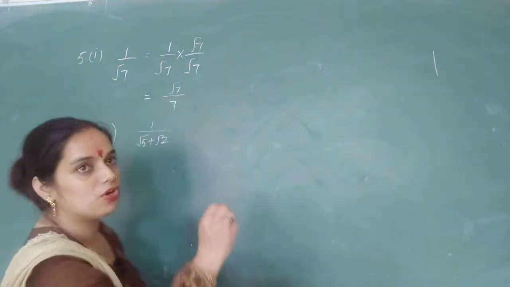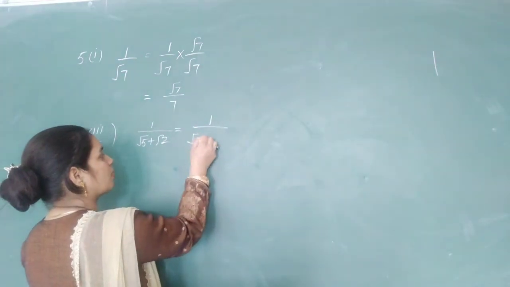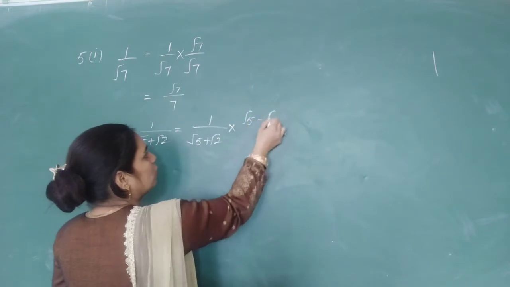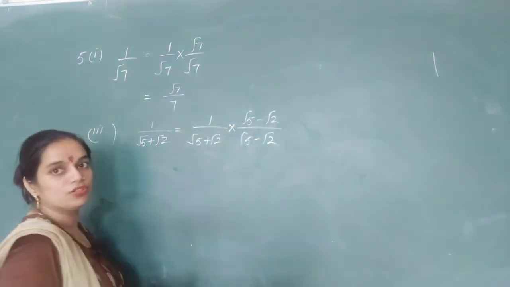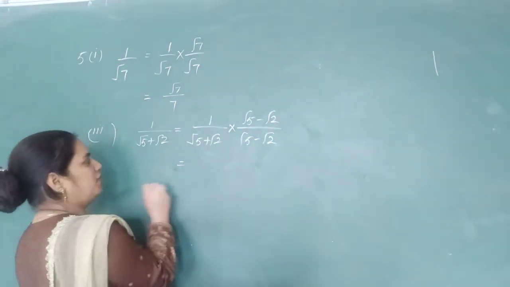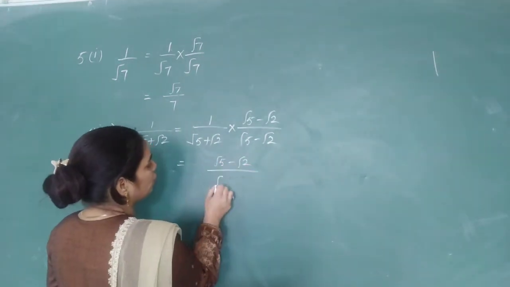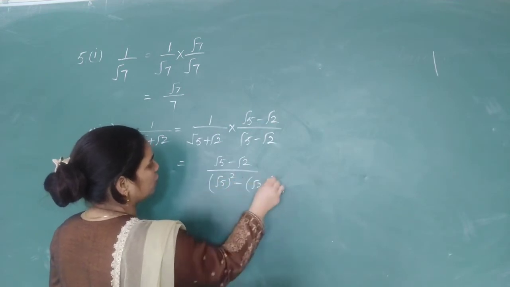Now I am going to rationalize the denominator. So I will multiply by root 5 minus root 2. It will be root 5 minus root 2 divided by square of root 5 minus square of root 2.